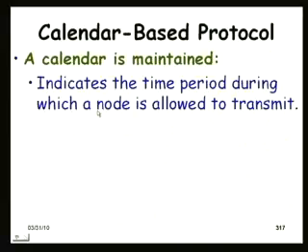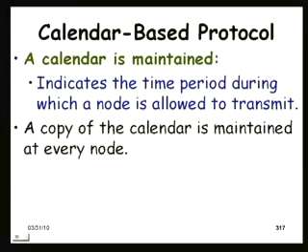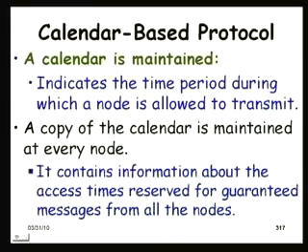So, for every node there are slots assigned to them during which they will transmit. The copy of the calendar maintained at every node contains information about the access times reserved for guaranteed messages from all nodes. So, these are the hard real time messages, and the transmission times are reserved for guaranteed messages.